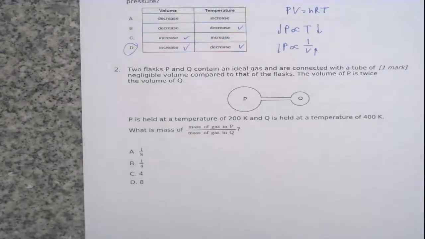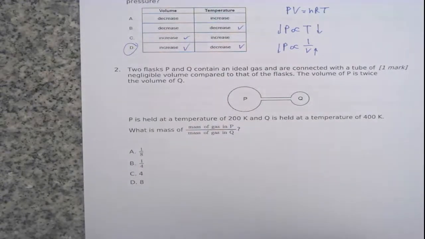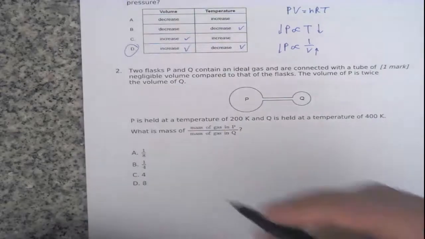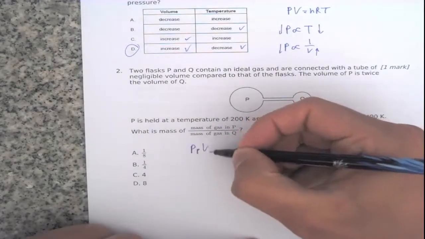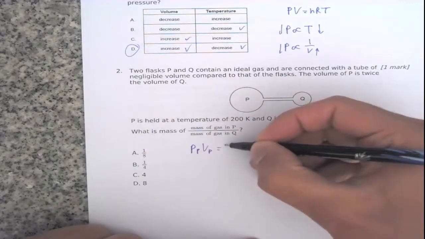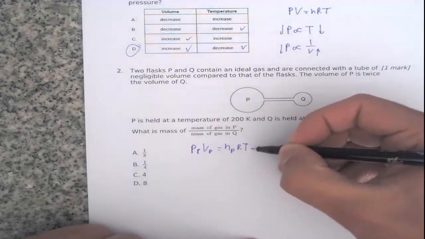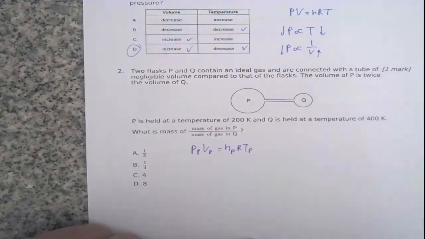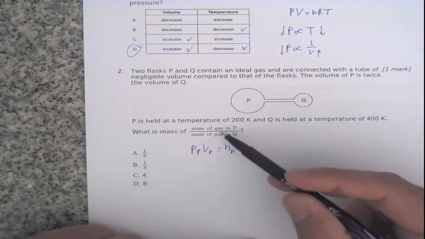So here what we have to do is the comparison, and of course we have an ideal gas, so we're going to work again with the ideal gas law. We have the pressure of P and the volume of P equal to the N of P times R times T of P. The N, of course, is the amount of substance, so this is what will give me the mass.